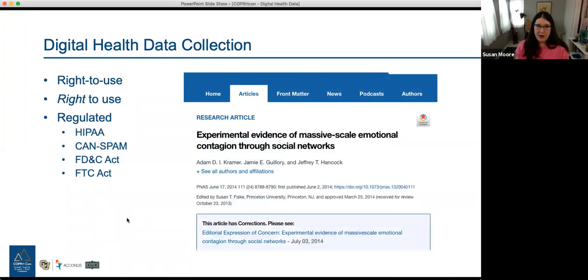When you're thinking about data collection for digital health purposes, you need to think about whether or not you have the right to access it. And then also you need to think about whether or not it's ethically correct to do it in a certain way. I have a picture here showing a report on a study that was published back in 2014, in which the investigators were using a Facebook newsfeed.